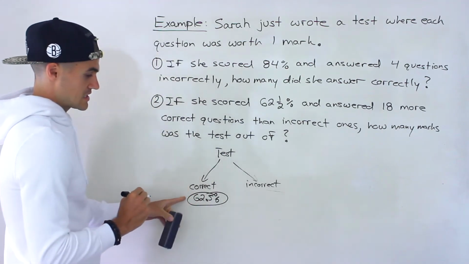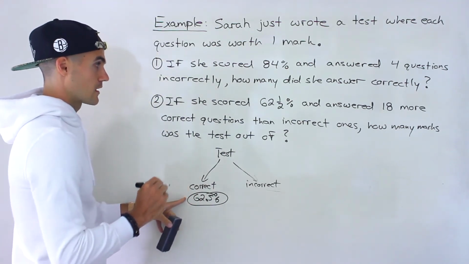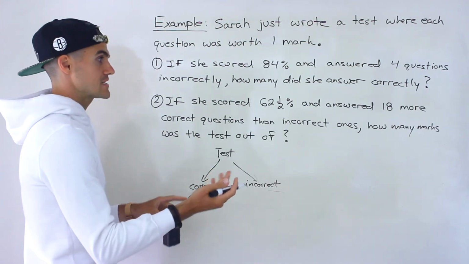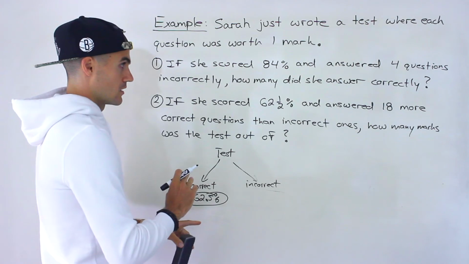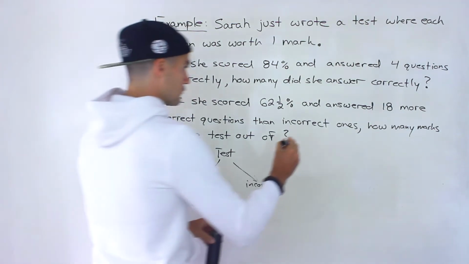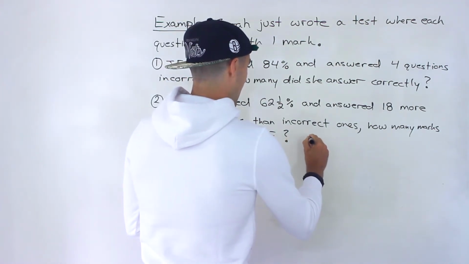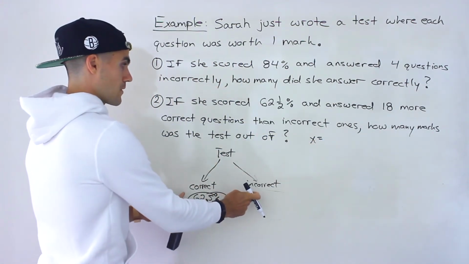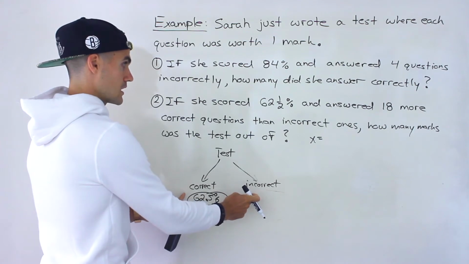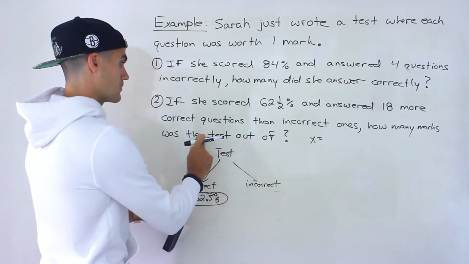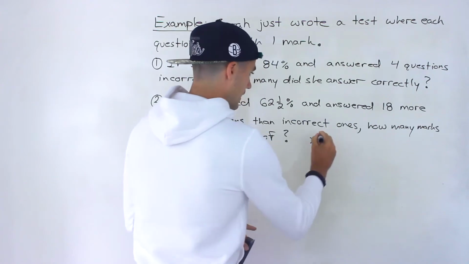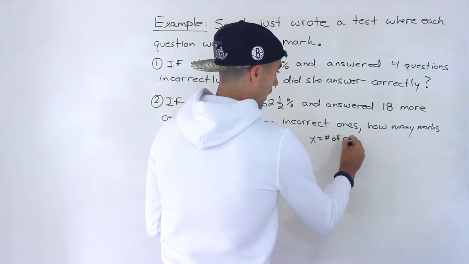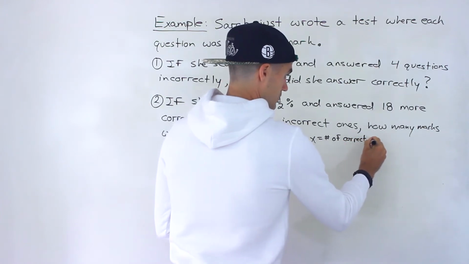We know she answered this many correct questions, and we're told that she answered 18 more correct questions than incorrect ones. So what we can do, if we let x equal, we can do either the number of incorrect or correct questions. They're asking for how many marks the test was out of. So we'll let x equal the number of correct questions that she got.